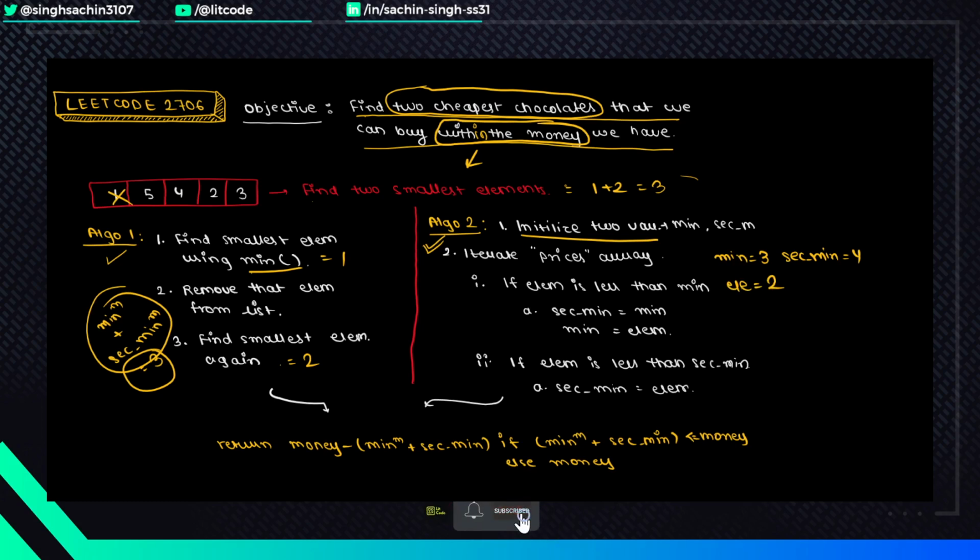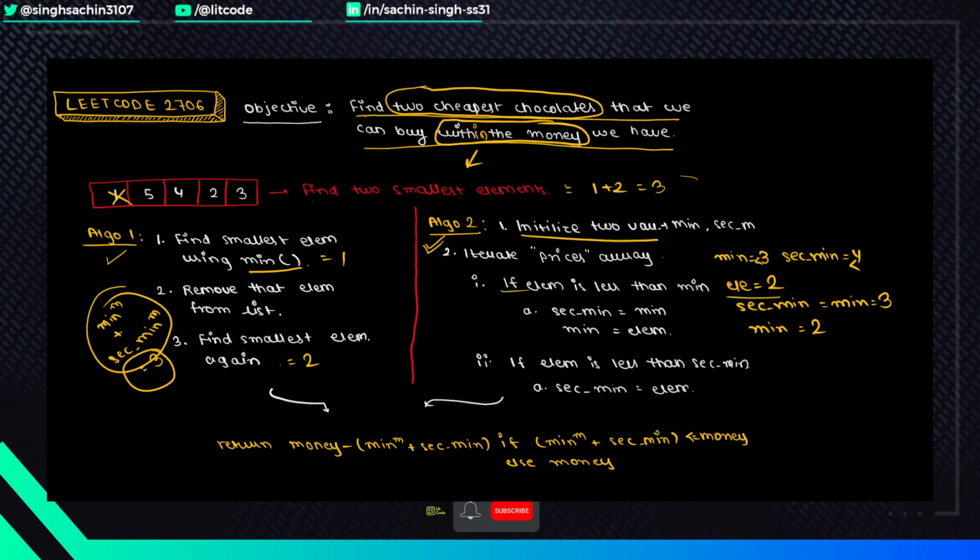As you can see, 2 is less than the minimum one, right? Of course it will be lesser than the second minimum as well. So we'll replace the value of second minimum with the current minimum value, which was 3 at the time, and we'll use the current element value in the minimum. So this is the first if condition which we'll check.